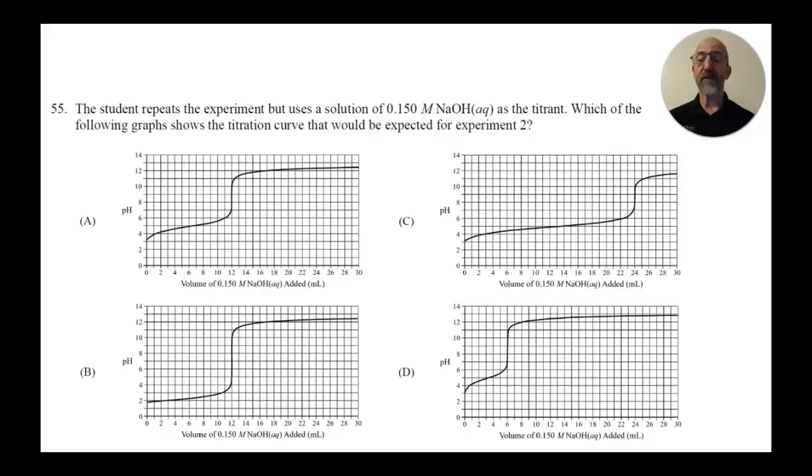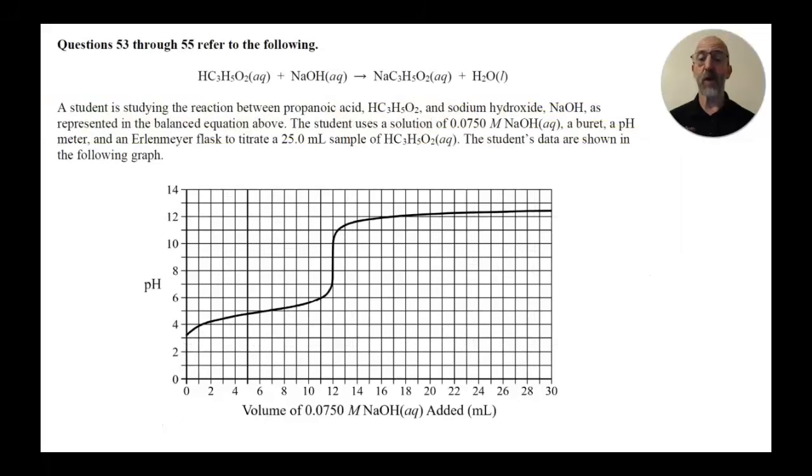In question 55, it says, the student repeats the experiment, but uses a solution of 0.150 molar sodium hydroxide as the titrant. Which of the following graphs shows the titration curve that would be expected for experiment 2? So let's compare the concentration of sodium hydroxide for experiment 2 to the concentration of sodium hydroxide from experiment 1.